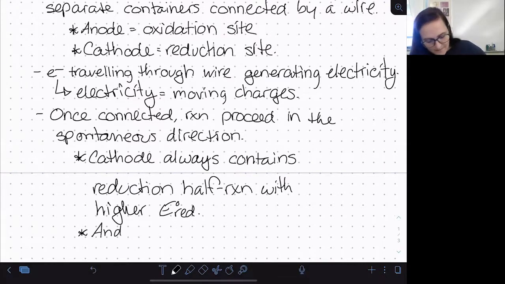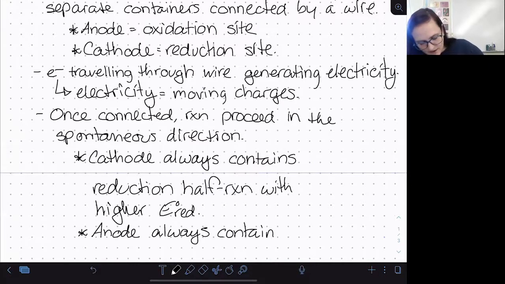The anode will always contain the oxidation half reaction with the highest oxidation potential.